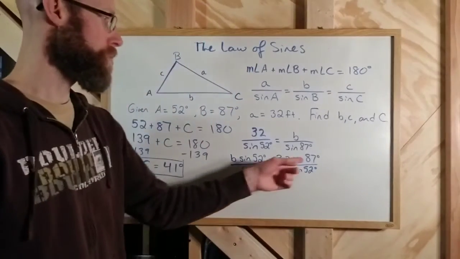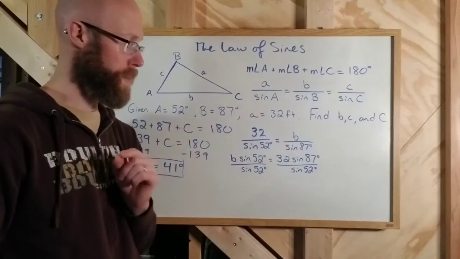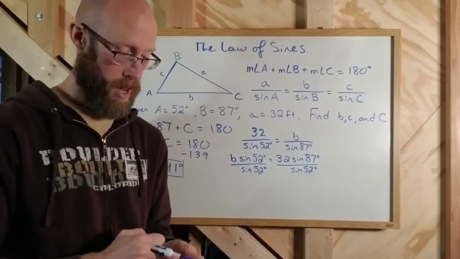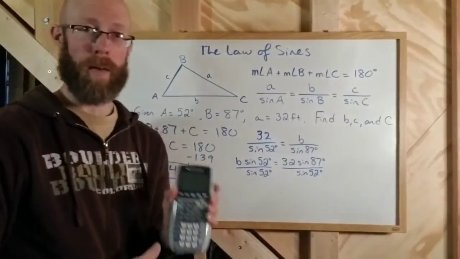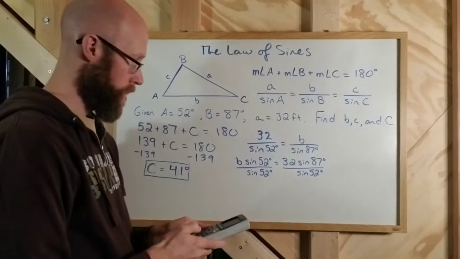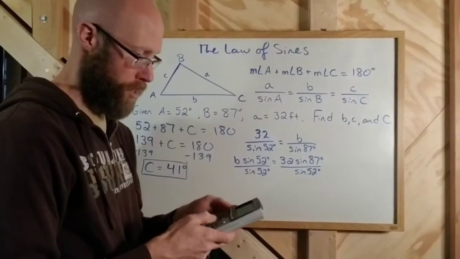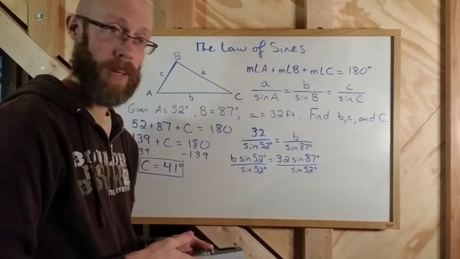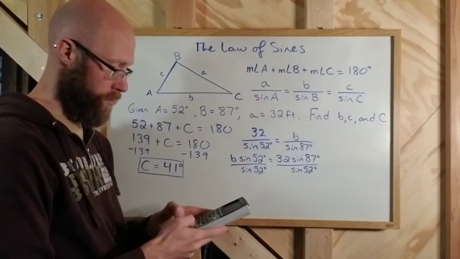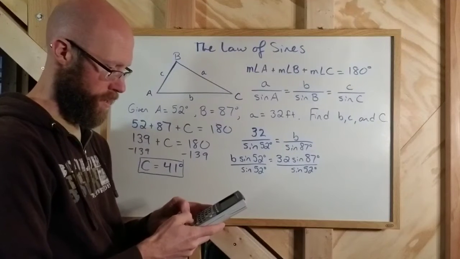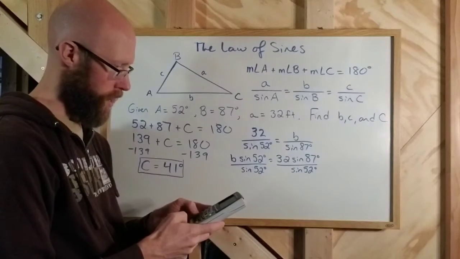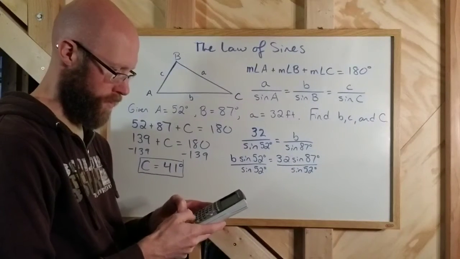Alright, so I have 32 times sine 87 divided by sine 52. Now I go to my calculator and I'm going to type that in and make sure that I'm in degree mode, which I am. Okay, so then I go 32 times the sine of 87 divided by the sine of 52.